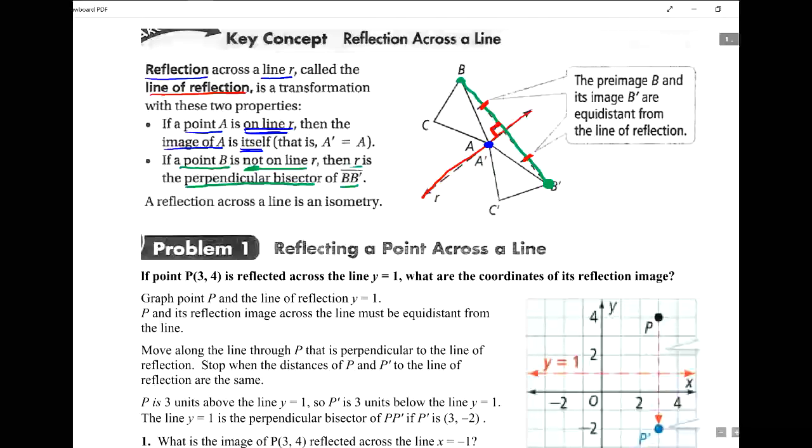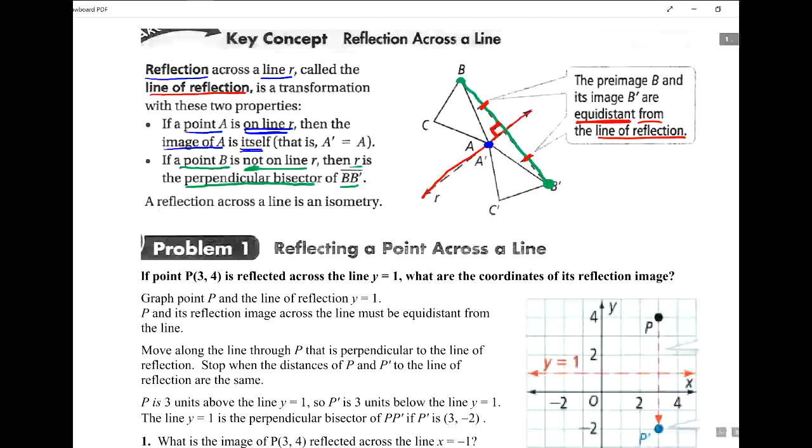The pre-image B and image B prime are equidistant from the line of reflection, right? Distance is measured perpendicular. When we flip it across, they are equidistant from that line of reflection along this segment that is perpendicular to our line of reflection.